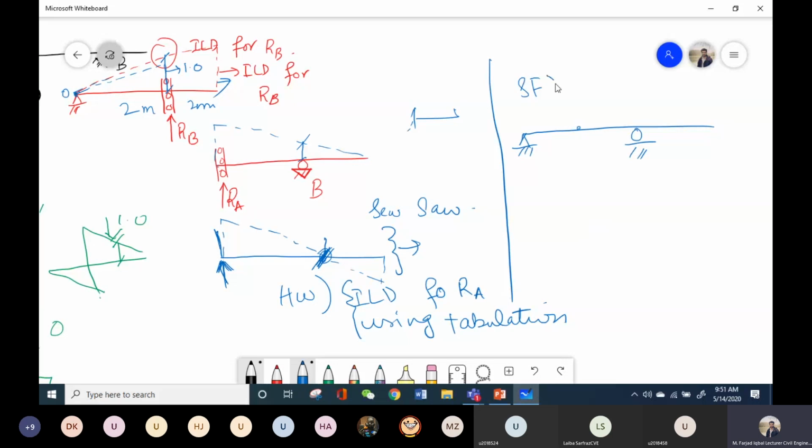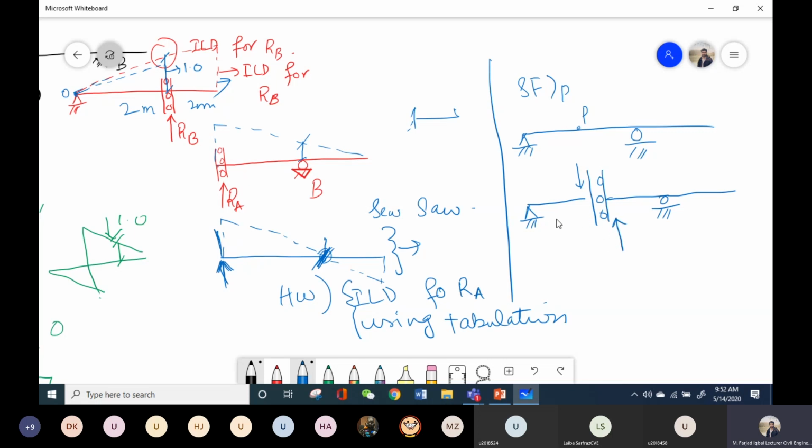So in this case, if I want to plot the ILD for shear force at point P, which is this one, what will I do? I will simply divide the beam into two sections. I will apply a roller guide here, again, just like we did in the case of reaction, and I will apply the shear force on the left side in the downward direction and on the right side in the upward direction.